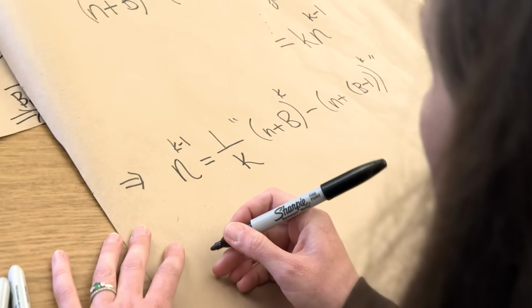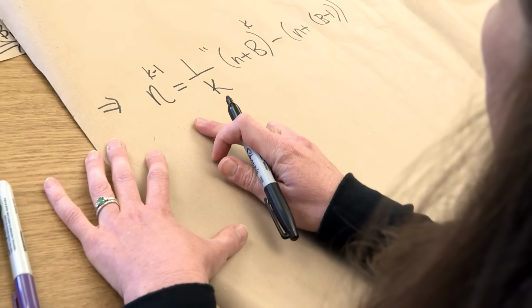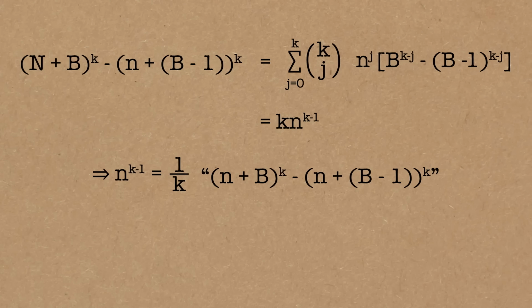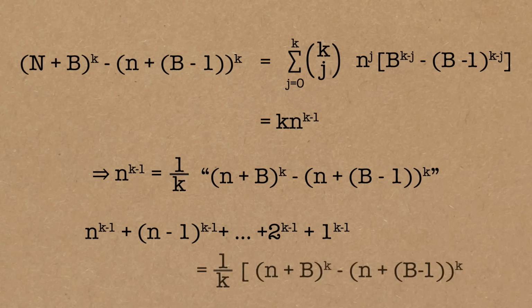So if I want to add up all the terms, so if I want to look at n to the k minus 1 plus n minus 1 to the k minus 1 plus dot, dot, dot, all the way down to 2 to the k minus 1 plus 1 to the k minus 1, I'm going to have to add up 1 over k times, now I have n plus b to the k minus n plus b minus 1 to the k.